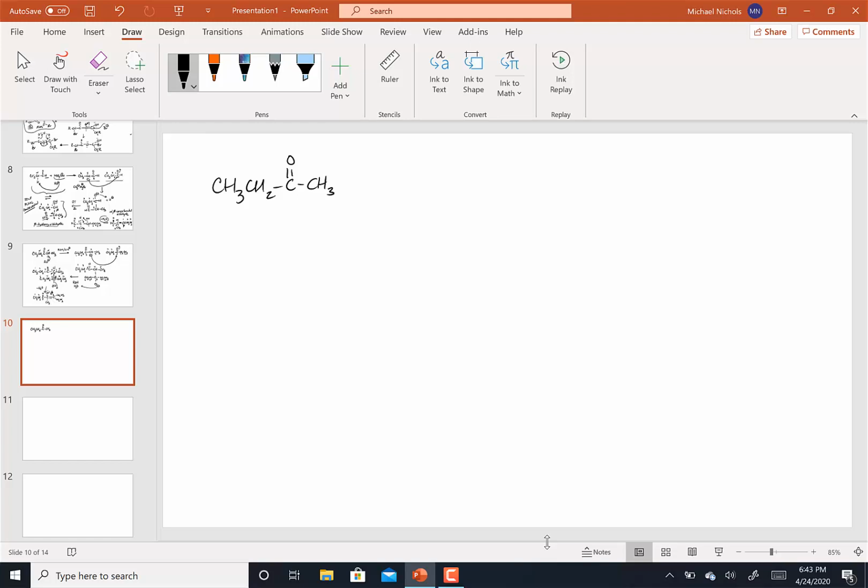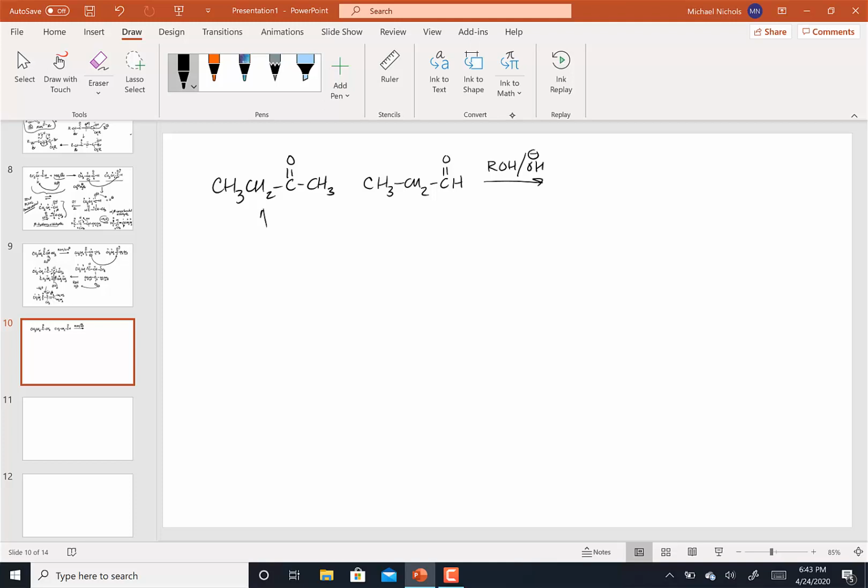Or even worse yet, imagine that I was trying to react that unsymmetrical ketone with this aldehyde. And I said, well, let's just go ahead and mix this with a combination of alcohol and hydroxide. How many different products could I get from this reaction?